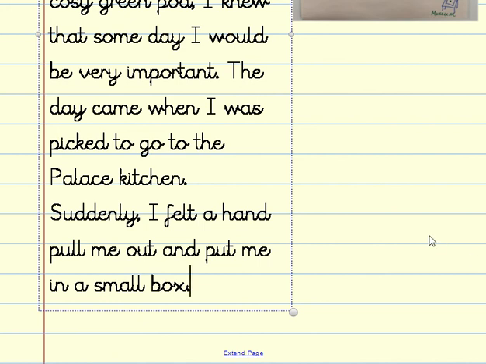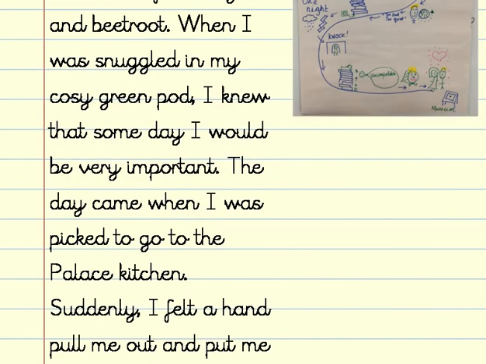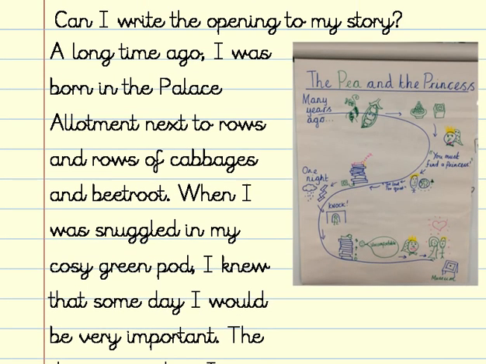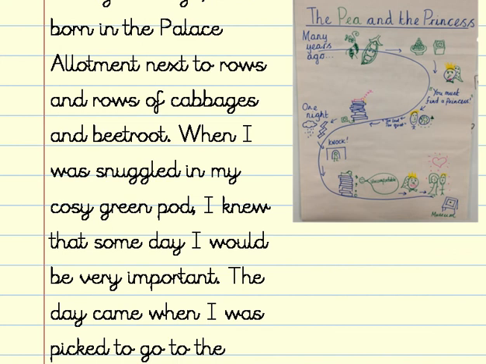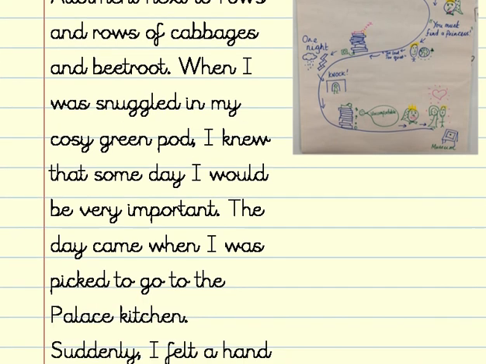Okay, let's have a read back so far and see what we've got. A long time ago, I was born in the palace allotment next to rows and rows of cabbages and beetroot. When I was snuggled in my cosy green pod, I knew that someday I would be very important.